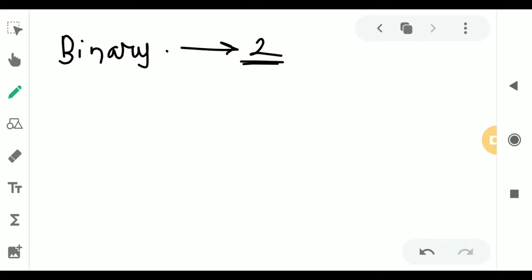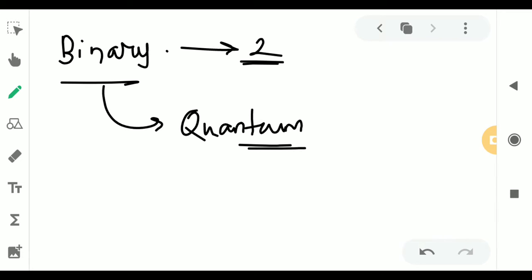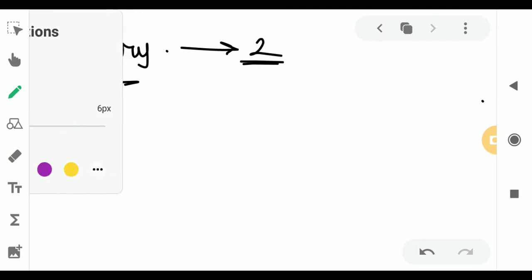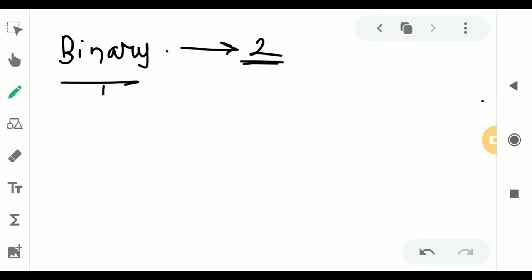Because as technology is advancing, we are stepping into quantum technology, and we have something known as qubits. What are qubits? Qubits are a more subtle form of bits, and bits are actually binary digits. Let's not get into the crux of this. Let's just understand that the binary number system has base 2.